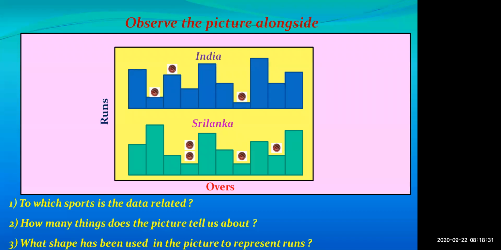No, which shape is used to show the runs? You can see the runs there. Which shape is there? You can see here, small rectangular boxes. These small rectangular boxes are used to show the runs. Understood, everyone? Yes, sir. So these we have already studied in the last lecture. Now we will move forward and we will see what we have to learn next.